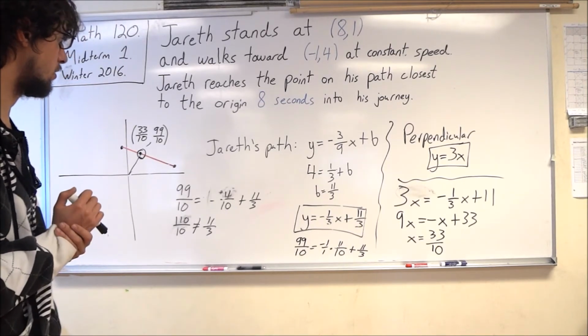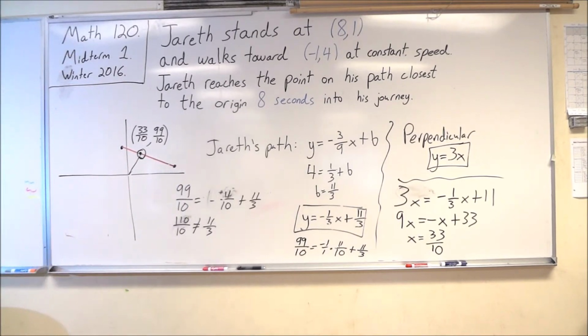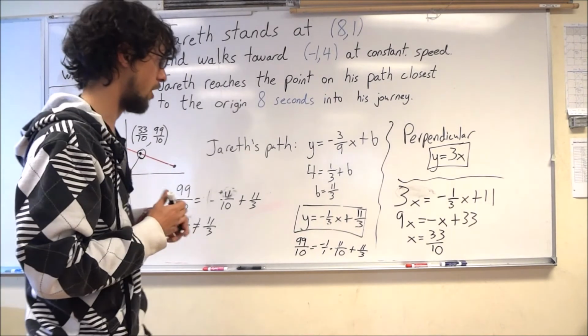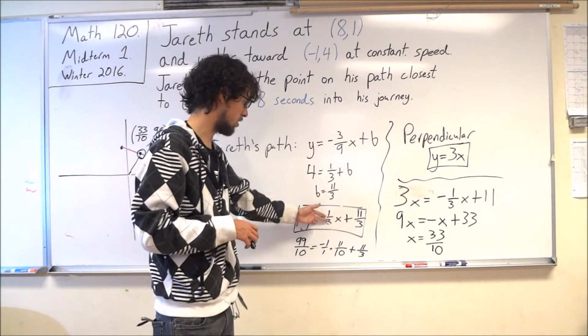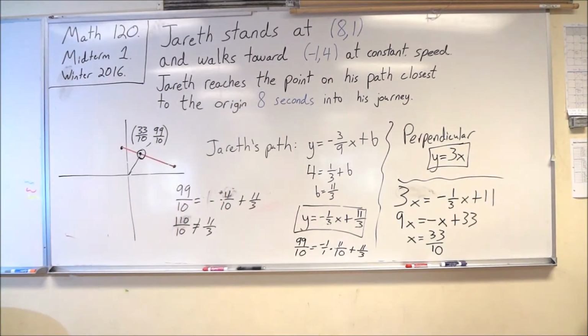If I plug in -1, 4, I also find something that's true. To find the slope of the perpendicular, you take the reciprocal and change the sign. I'm happy with my slope of the perpendicular. I can't seem to find any problems with my work here, although I can tell there must be one.